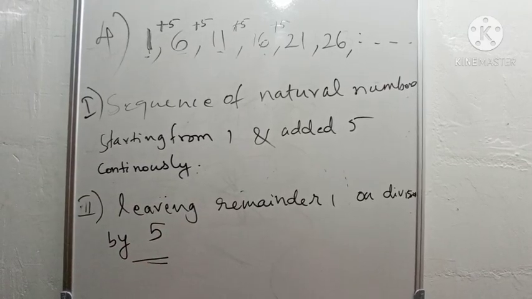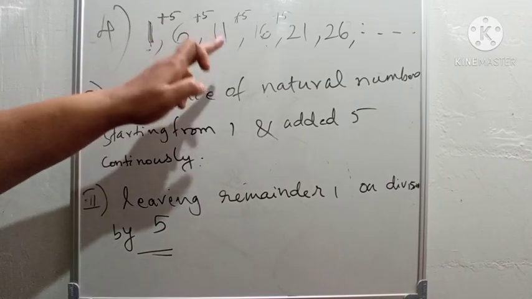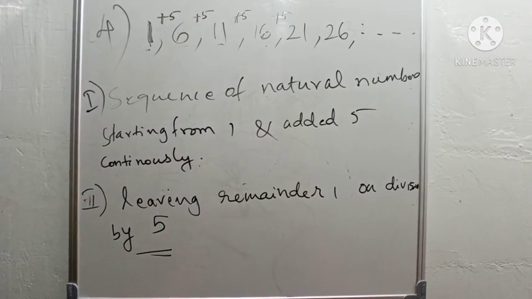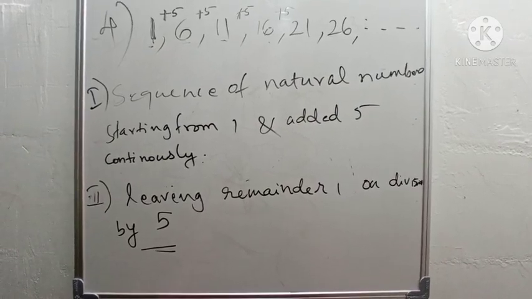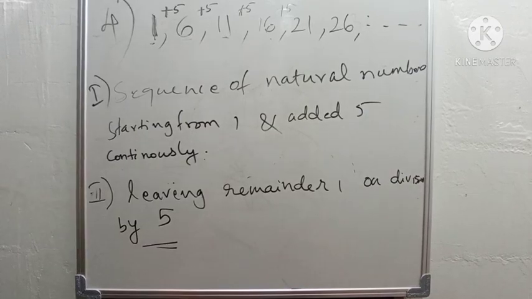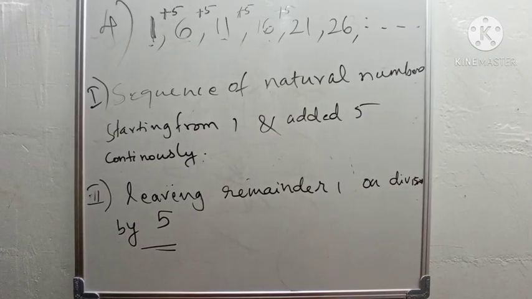So these are the two ways of describing the very same sequence 1, 6, 11, 16, 21, 26, etc. The first way is the sequence of natural numbers starting from 1 and adding 5 continuously, and the second way is leaving remainder 1 on division by 5.